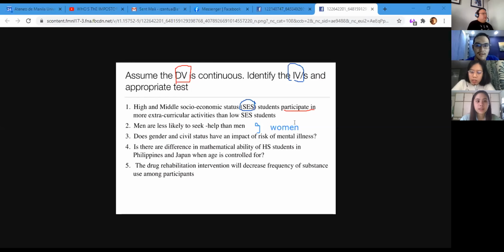For 4, IV is country. Age is controlled for, age is covariate. Then mathematical ability is yung DV. Dependent. Yeah.